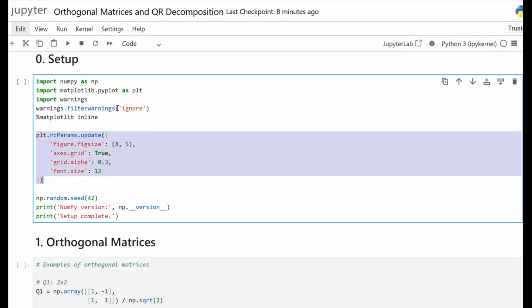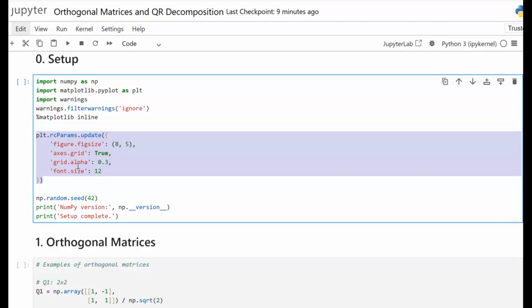Here the line begins updating the Matplotlib runtime configuration parameters using a dictionary. This sets the default size of all figures to 8 inches wide and 5 inches tall, and it enables grid lines on all plots by default. We set the transparency of grid lines to 30%, making them subtle and less visually dominant. And lastly, it sets the default font size for all text in the plots to 12.